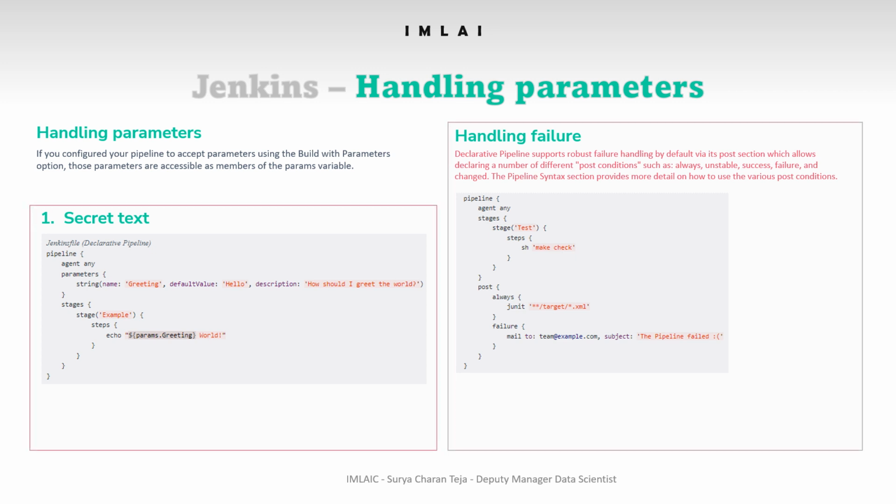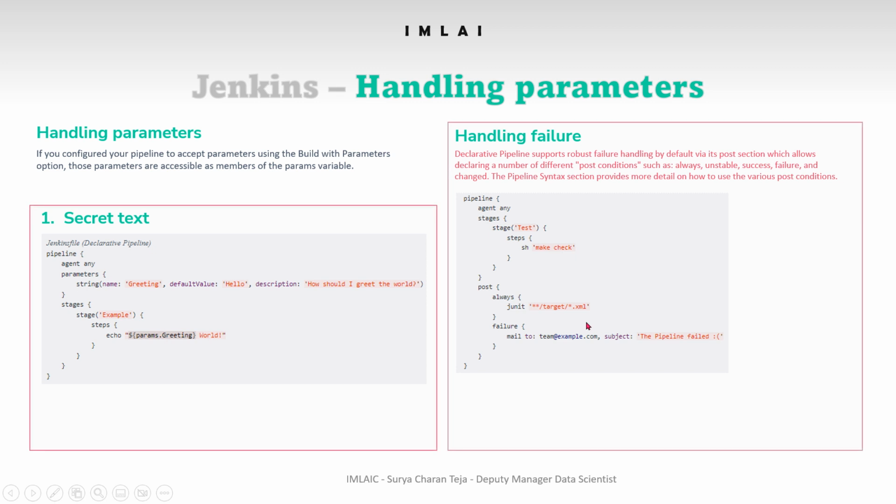This post section allows declaring a number of different post conditions, such as always, unstable, failure, success, and changed. The pipeline syntax section provides more details on how to use the various post sections.